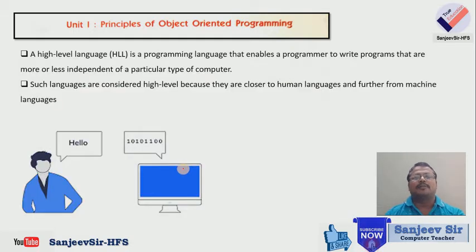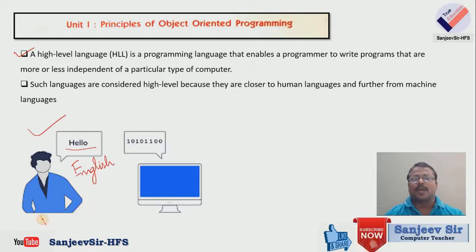So now we understand high level languages. What is this? As you see here, the programmer is enabled to write the program in an independent form. In the picture we are writing "hello" in English language. That means what we know in English, we write as the program code.